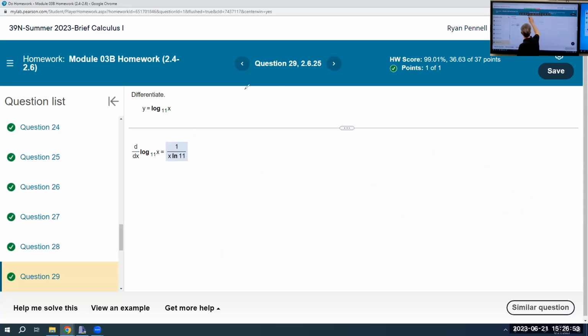I think this is a theorem. Sadly, I didn't write down what theorem number it was, but in the book, I don't want to flip live.